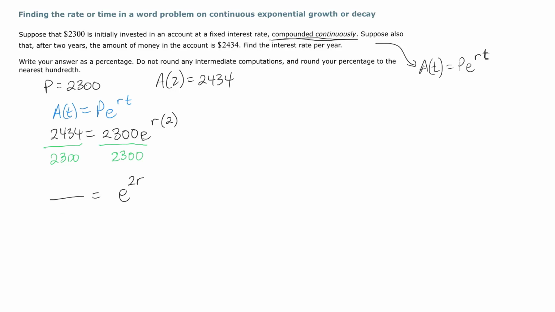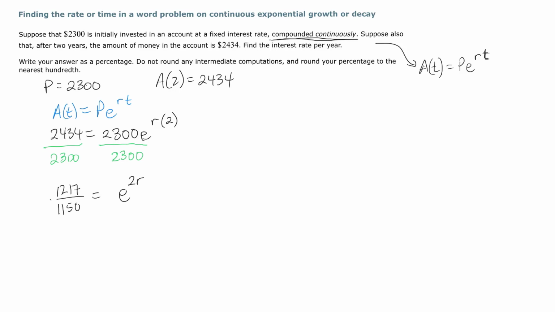What happens if you reduce that fraction by 2, a common factor of 2? 2434 divided by 2, we get 1217, and 2300 divided by 2, we get 1150.